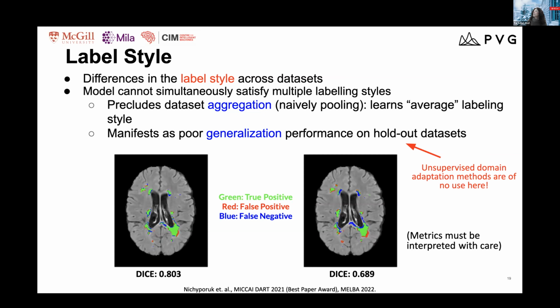But again, the point is that when naively aggregating, you're looking on average over the different styles, you could still, for a specific patient, miss some important structures, which may be important for your downstream task. So I think it depends on the downstream task in general. Got it. Thank you.